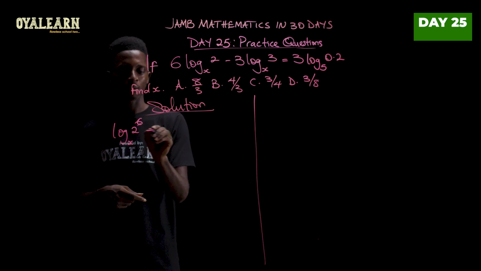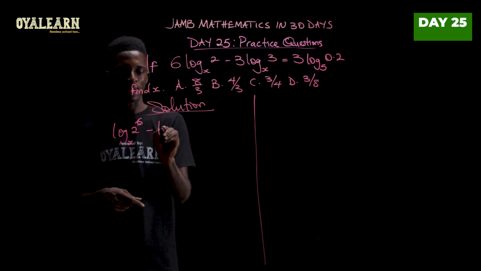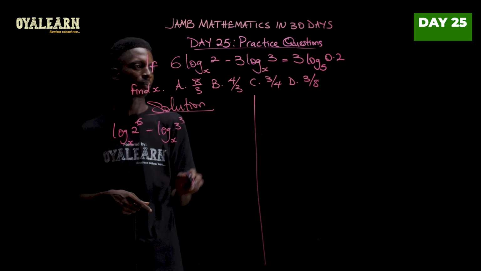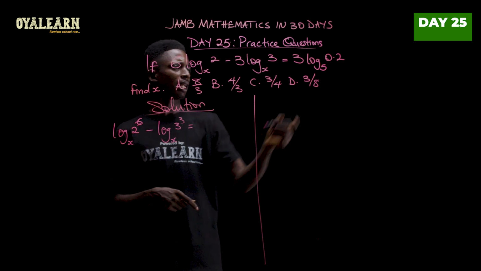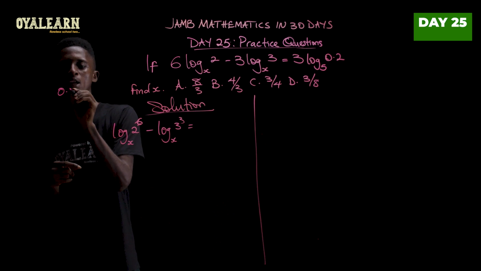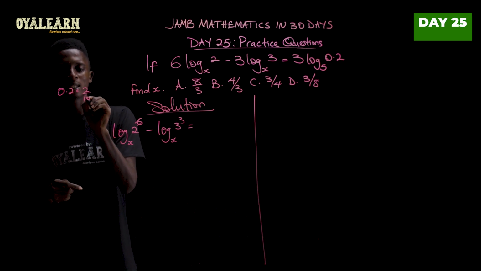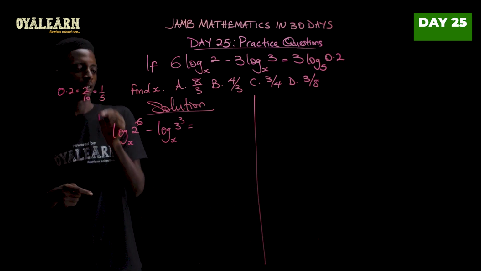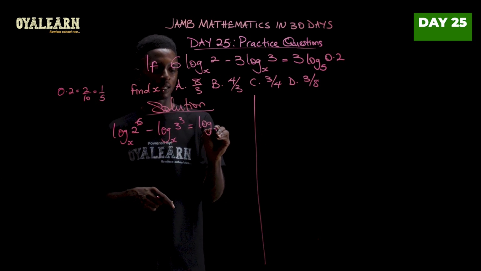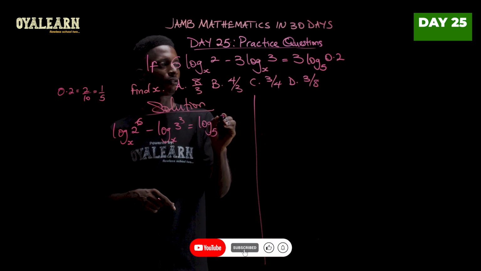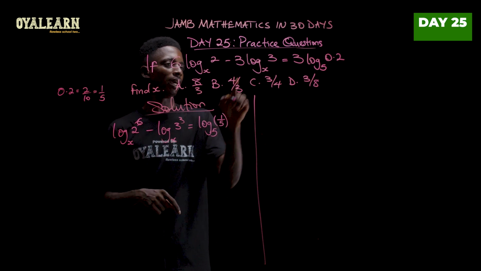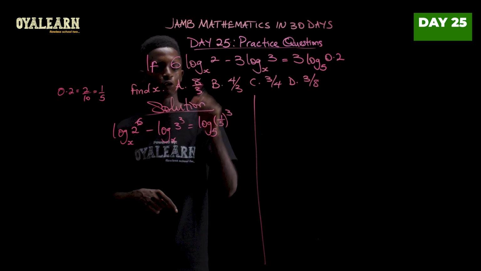So here we then have minus, the 3 goes here, so we'll be having log to base x of 3 cubed equals, now 0.2 is the same thing as saying 2 over 10, which will give you 1 over 5. So let's do that here. We'll have log to base 5 of 1 over 5, and then we cube that.